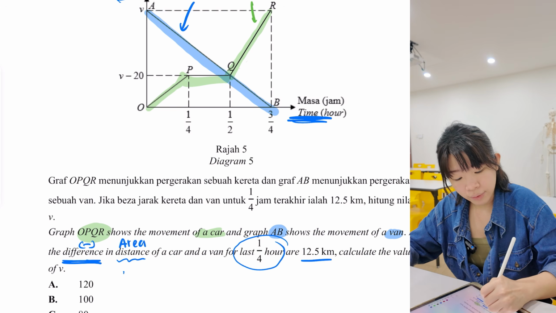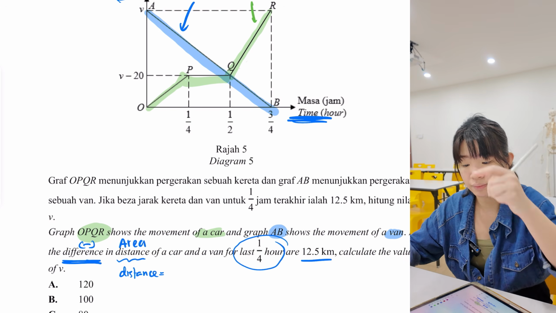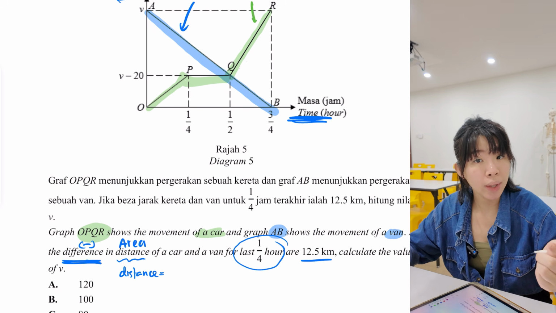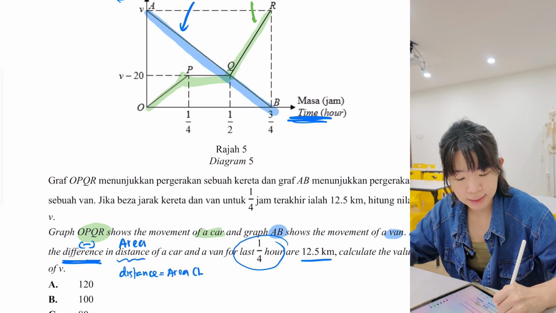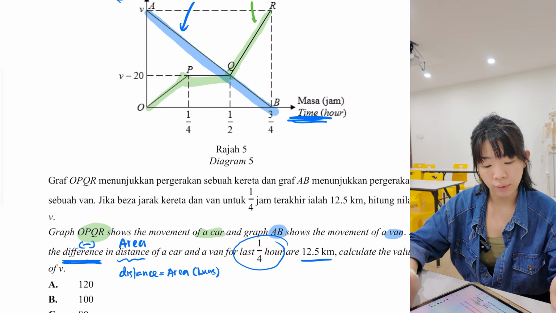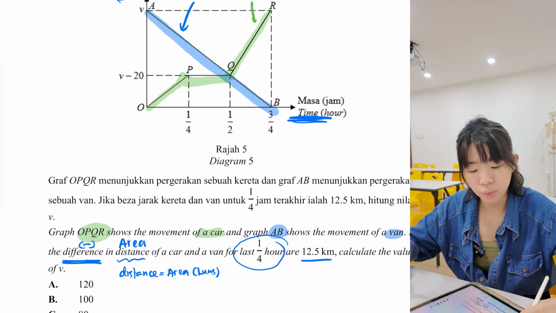Whenever we want to find distance in a speed time graph, it is always the area under the graph. Remember, we need to find area, luas. Which part do we need to find? They mentioned the last 1/4 hour. Where is the last 1/4?